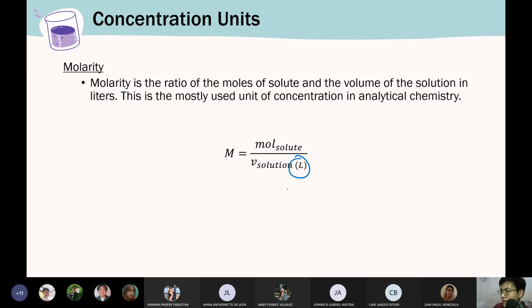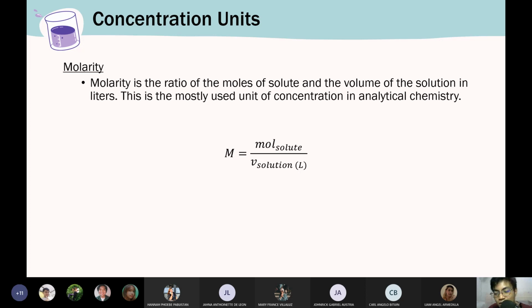Okay? It is in liters. So again, same format pa rin. Numerator, solute, denominator, solution. However, instead of the mass or the volume for the solute, we want the moles of our solute. And for the volume, it must be fixed to 1 liter.